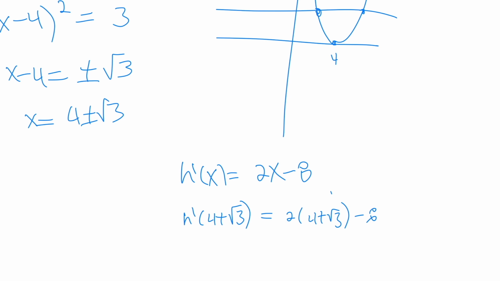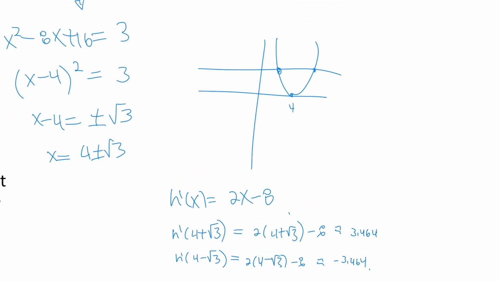Okay, so if I were to calculate that, I would be getting the answer of around 3.464. H prime of 4 minus root 3 equals 2 times 4 minus root 3 minus 8, so negative 3.464. So these are actually positives and negatives.